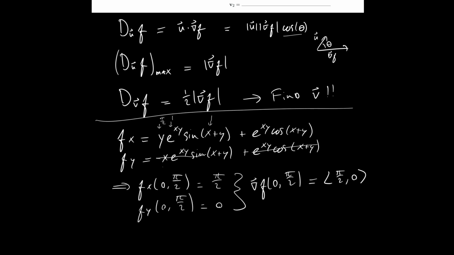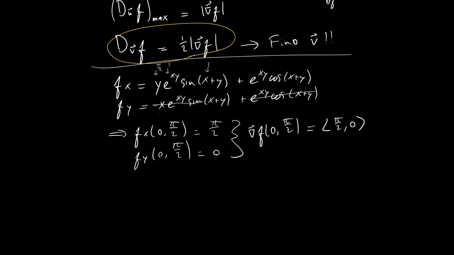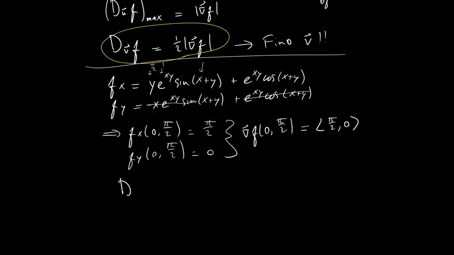All right, and so now we want to enforce the following equation. So we're looking for vectors v, obviously, which have the property that we are at half the maximum rate. So, well, we use the definition of the directional derivative again. So, sorry, let me correct that. The directional derivative in direction v of f is equal to v dot the gradient of f, right?